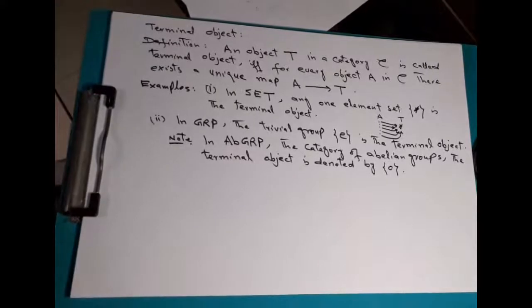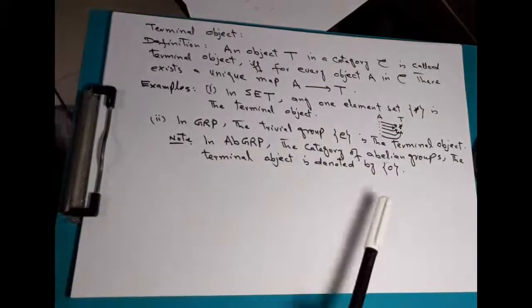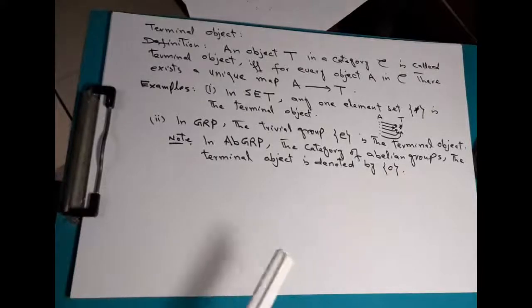In fact, you know that when we are working with abelian groups, the operation we use is the symbol addition, and therefore the identity element of an abelian group is denoted by 0. In general, we denote it by E. For abelian groups, we denote it by 0.